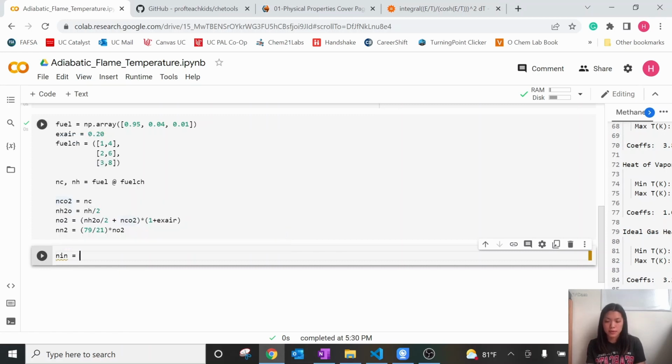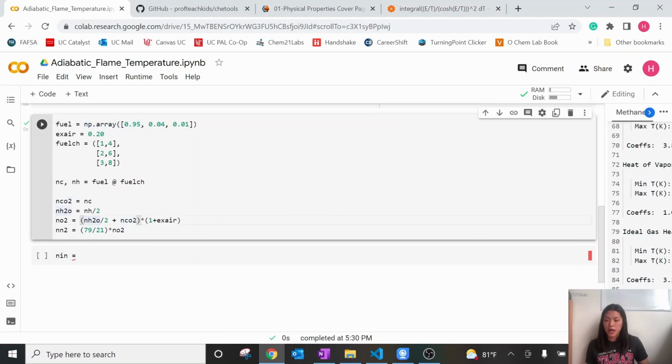So for moles going in, we have two arrays. We have the arrays for the fuel as well as the oxygen and the nitrogen.